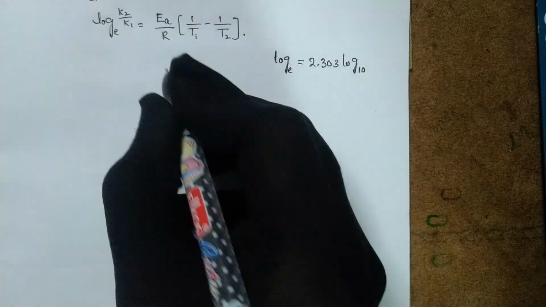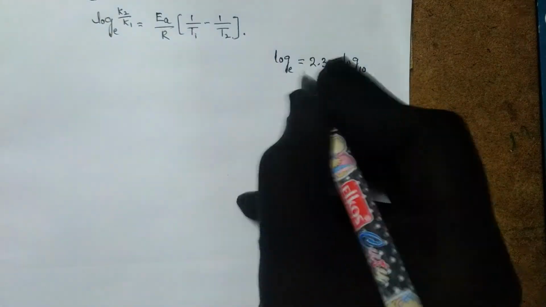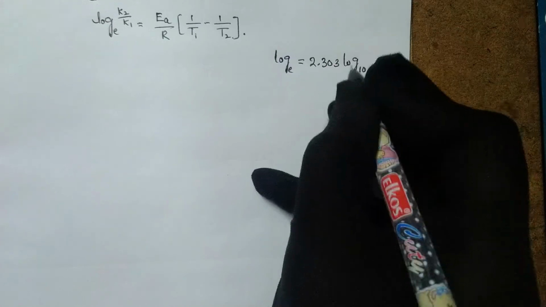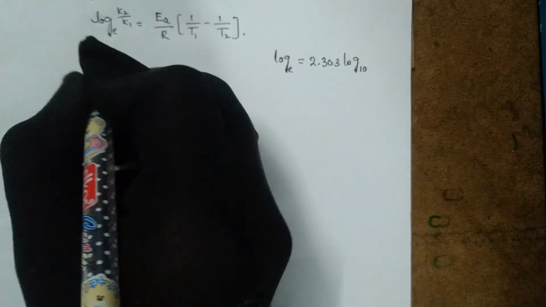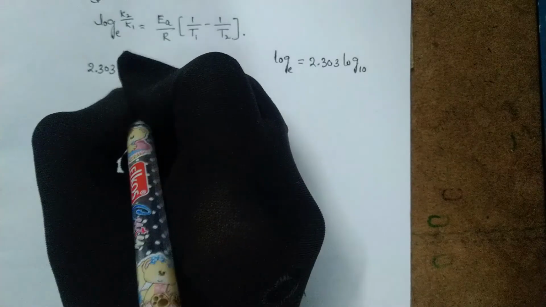Now we have to convert this natural log to the base 10, and we know that natural log is equal to 2.303 log to the base 10. So to convert this natural log to the base 10, we have to multiply with 2.303. So 2.303 log to the base 10 of K2 by K1 is equal to Ea by R into 1 by T1 minus 1 by T2.